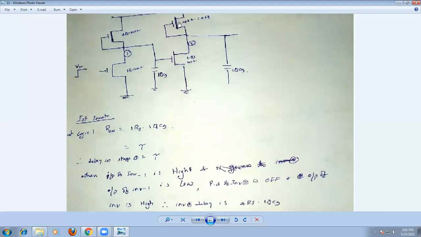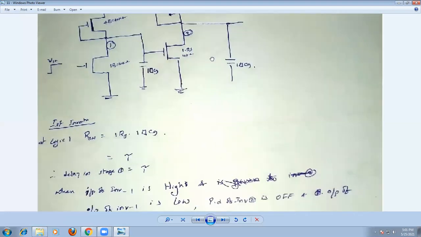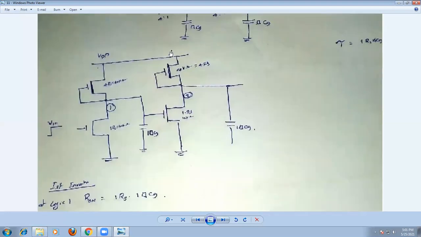Now this is the output capacitance, and the capacitor charges to the value of VDD through the pull up resistor, and the capacitance value is 1 square CZ.